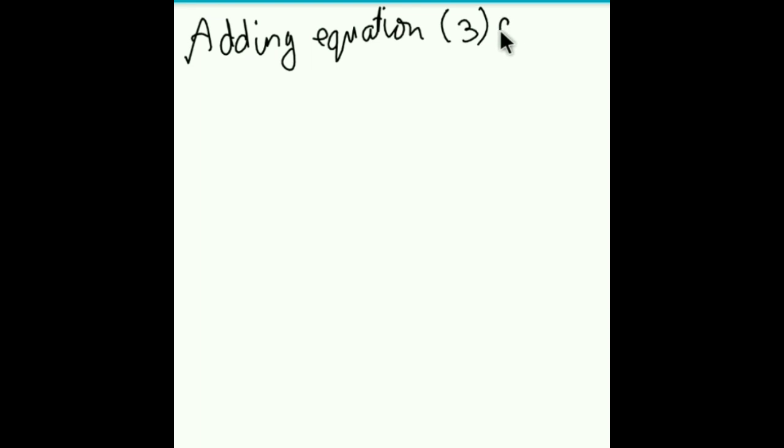Now the next step is adding equation 3 and 4. We have to add equation 3 and 4.